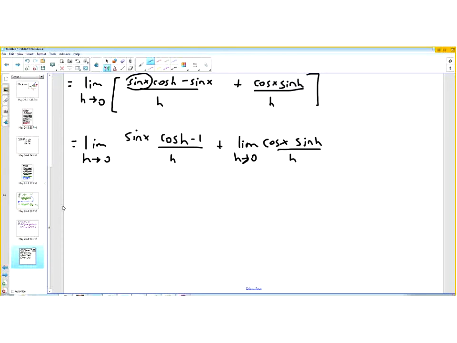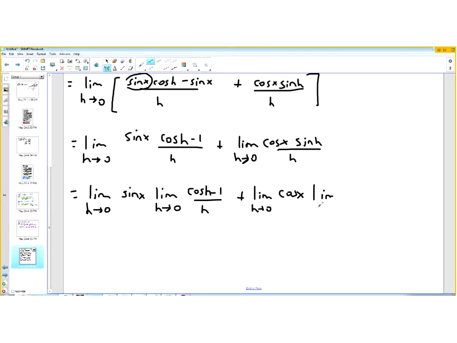Now we can just use the limit laws for the limits of products. So this would equal the limit as h approaches 0 of sine x times the limit as h approaches 0 of cosine h minus 1 over h, plus the limit as h approaches 0 of cosine x times the limit as h approaches 0 of sine h over h.